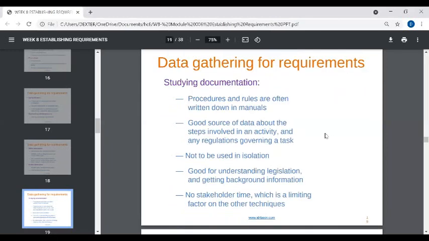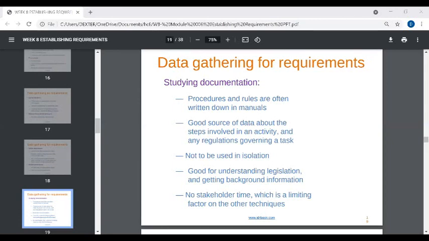Okay, studying documentation. Manuals and other documentation are good sources of data about the steps involved in an activity and any regulations governing tasks. Documentation should not be used as the only source, however, as everyday practices may differ.